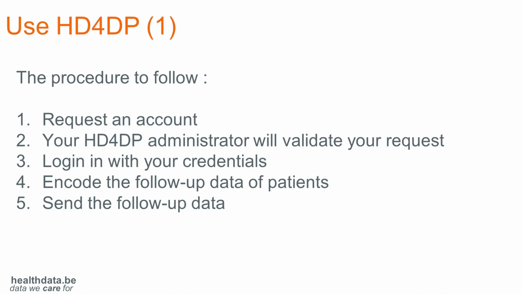For using HDFODP, the procedure to follow could be summarized in five points. First of all, you need to request an account, because for using the application, you need an authentication.